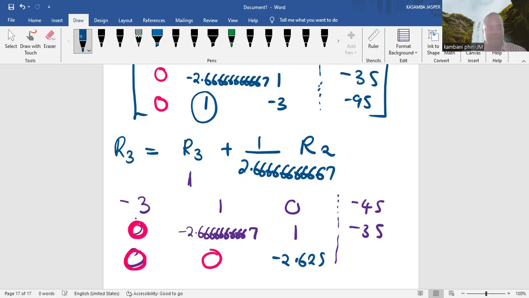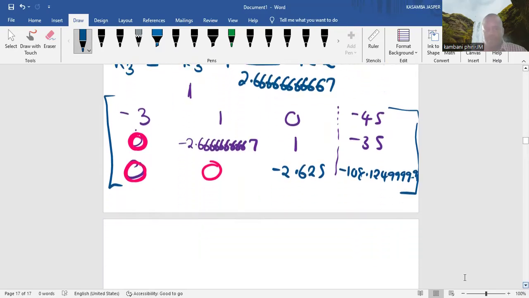Then the other one is negative 108.124999998. There are 7 of them there. You can counter check with your calculator.